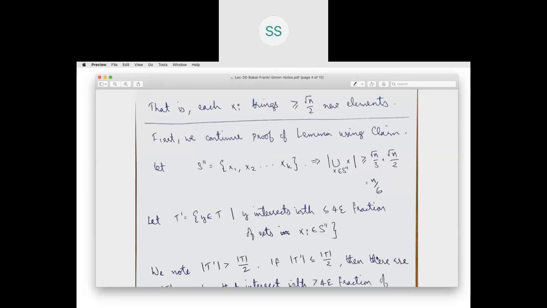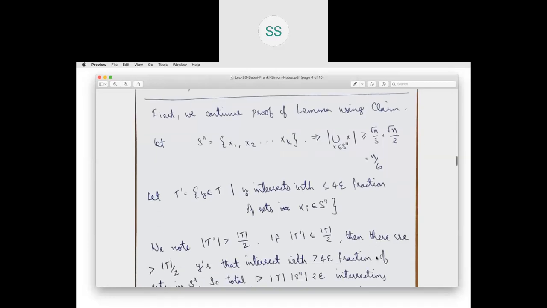So now most of T cannot use these elements, right? So now T cannot pick too much of these elements that are there in this union. So now T has to choose from the remaining, and hence however many elements T can pick is going to be upper bounded by something, and that's what is going to happen in the rest of the proof.